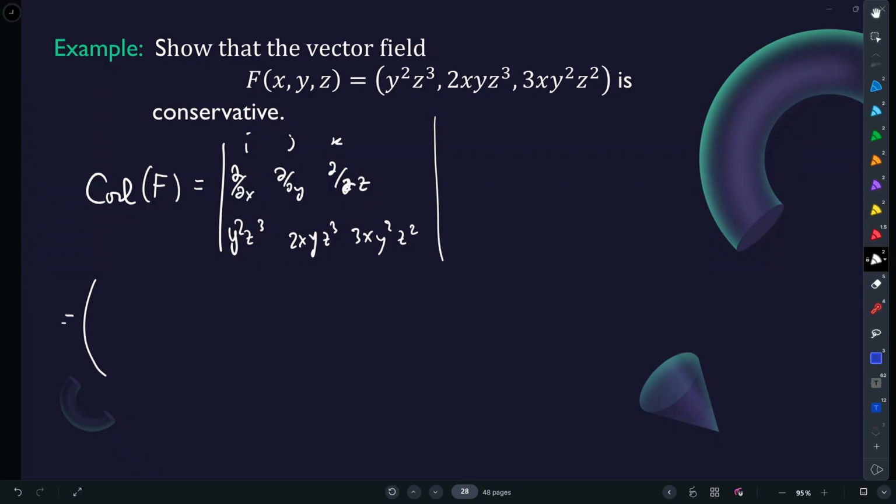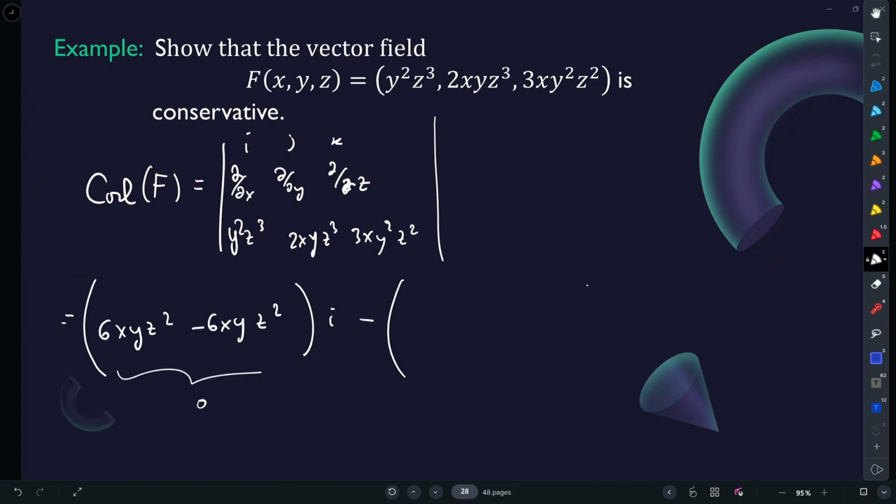The partial with respect to y, so this will be this minus this. The partial with respect to y of this function is 6xyz squared. And the partial with respect to z of 2xyz cubed is 6xyz squared. So yes, that is 0.